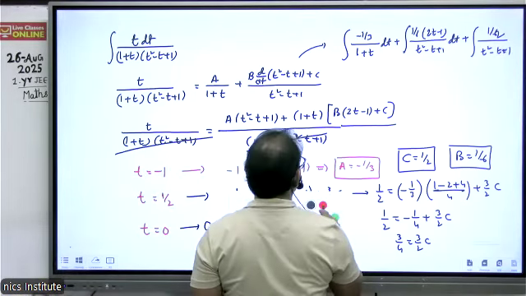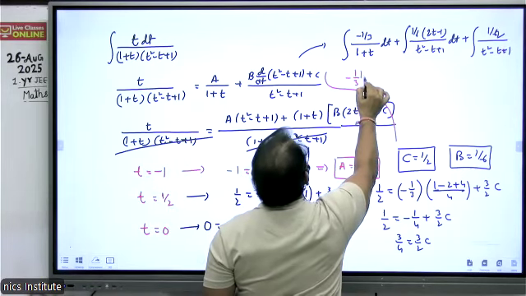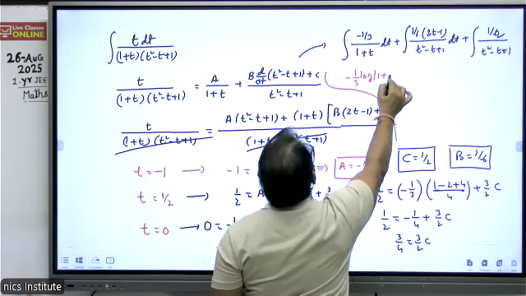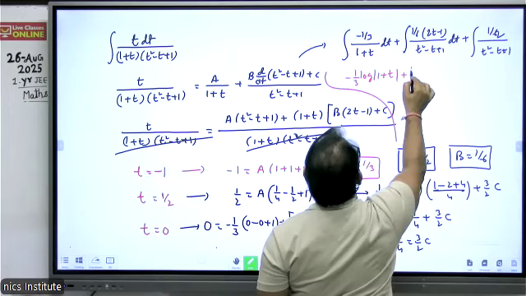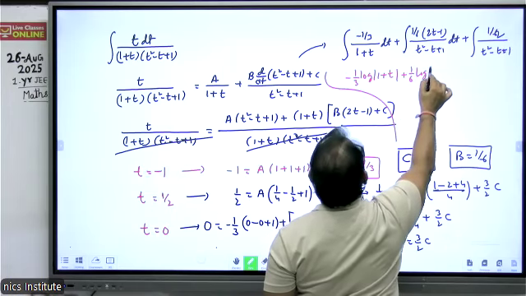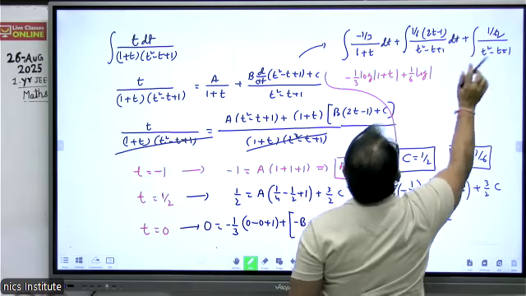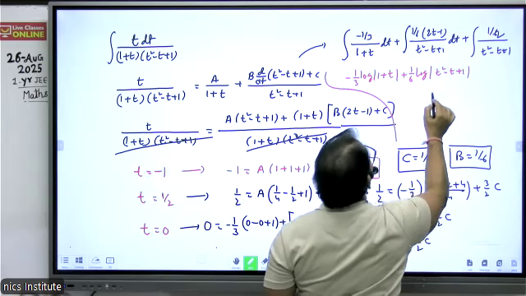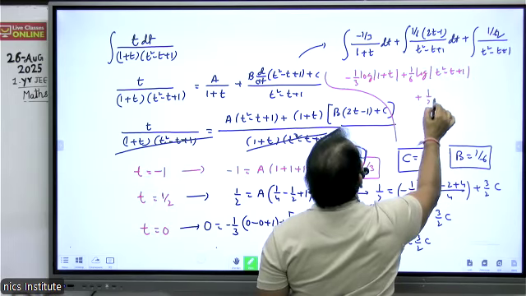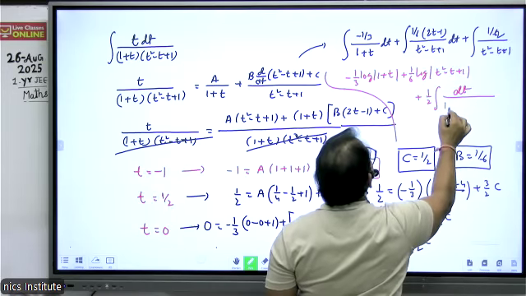So this is minus 1 by 3 log of 1 plus t. The derivative of this is present in the numerator, so I can directly write the answer: log of the denominator, because its derivative is present in the numerator. For the other part we have to convert to a perfect square.